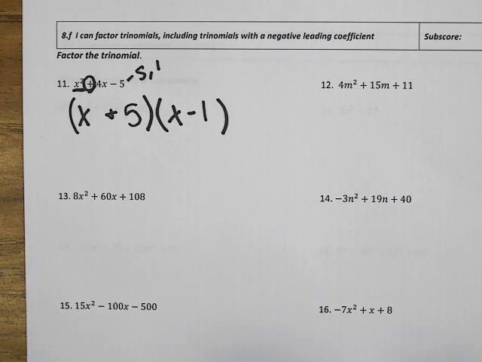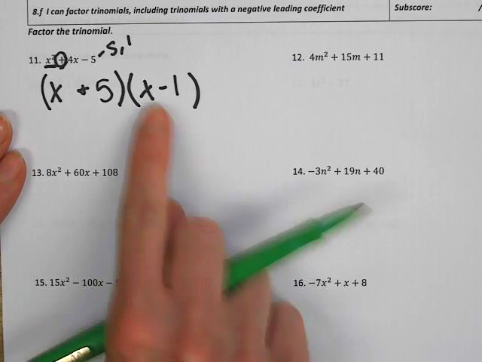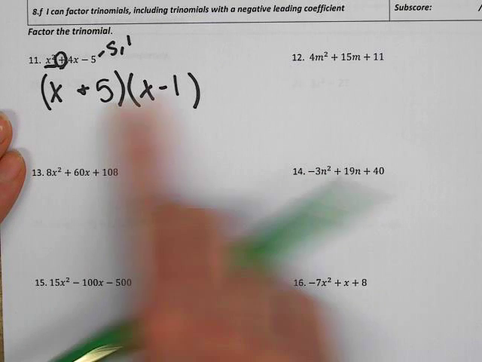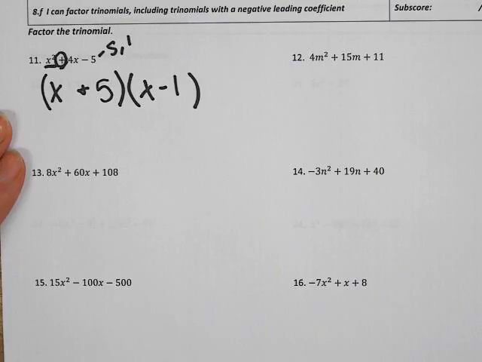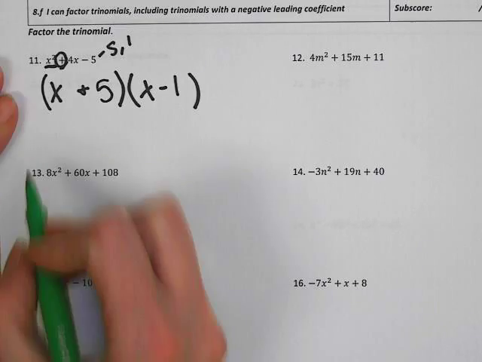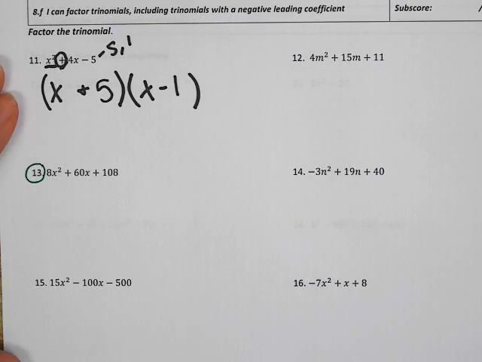And then another one of our guest stars already did number 11. So I'm going to do another one from here, maybe a little bit harder. Let's try, I don't know, maybe number 13. Okay, so this is the factoring trinomial section.